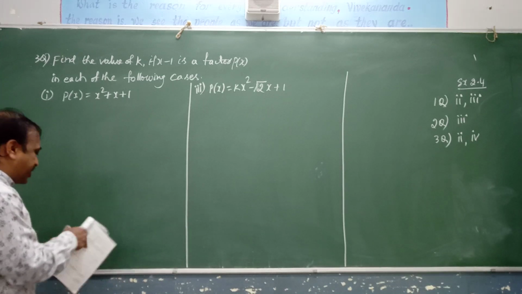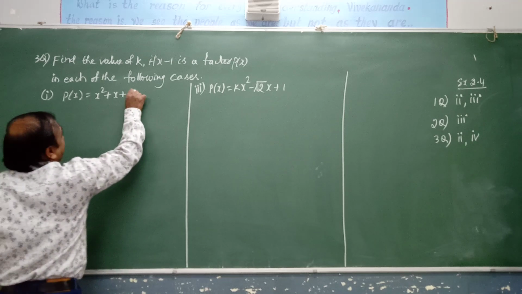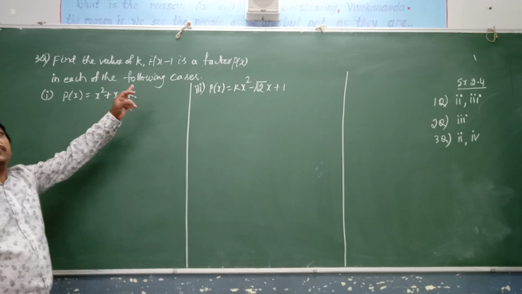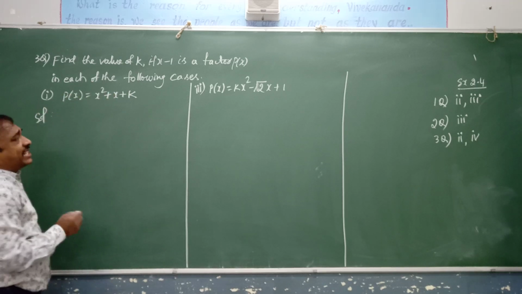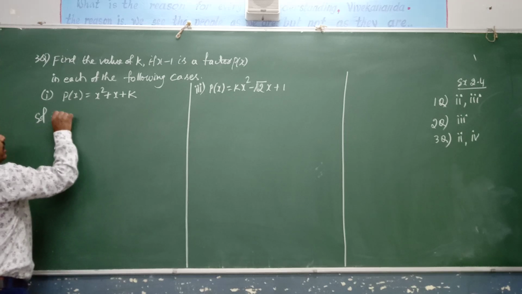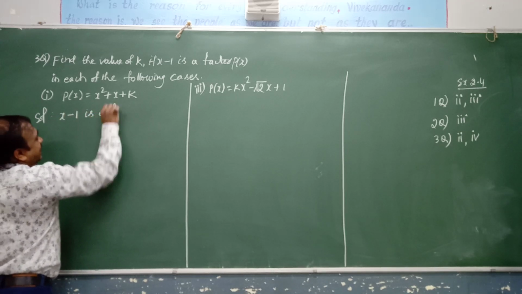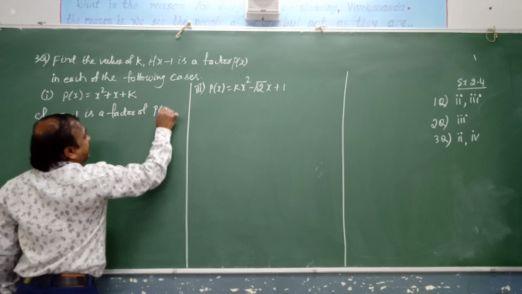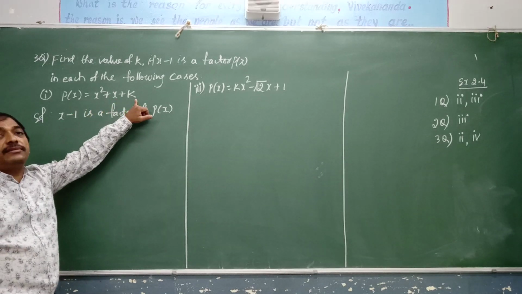In the first question, it is x square plus x plus k. You have to find out the value of k if x minus 1 is a factor. Observe it. Solution. Which is a factor? X minus 1 is a factor of P of x. What is P of x? X square plus x plus k.